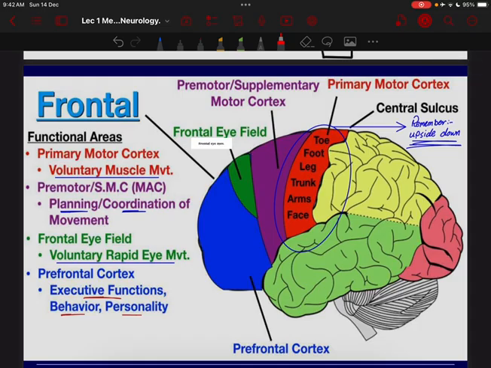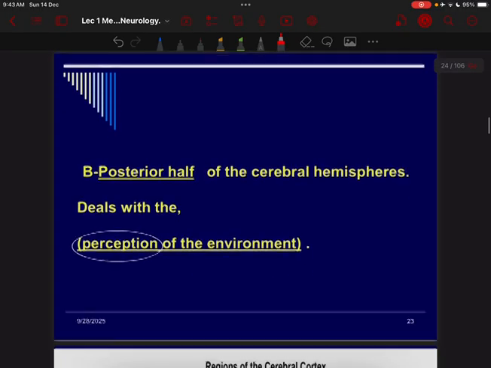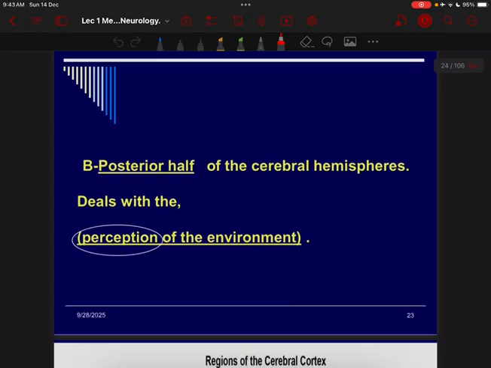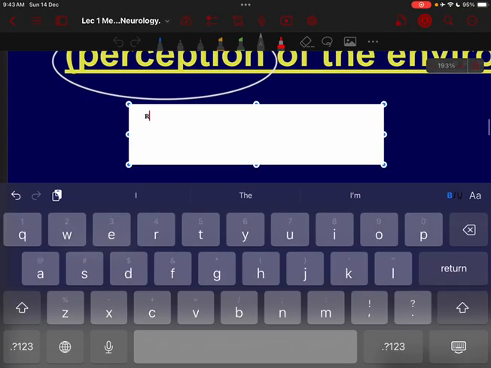Okay, what about the posterior half of the cerebral cortex? The posterior half deals with perception of the environment, receiving the environment. It receives all the stimuli from outside, and that gives us the feeling that we are here.